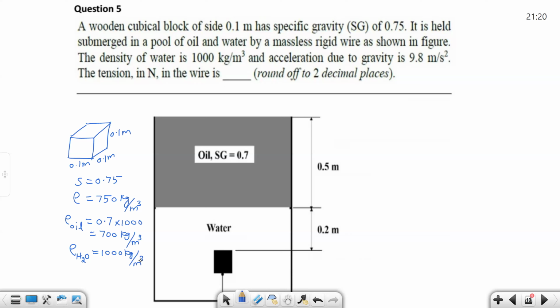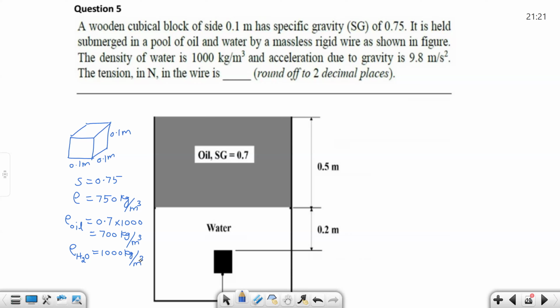The acceleration due to gravity is 9.8, and the wire which is tied to the cubical block is a rigid wire, but it does not have any mass. And the block is completely submerged in water. What is the tension in the wire?